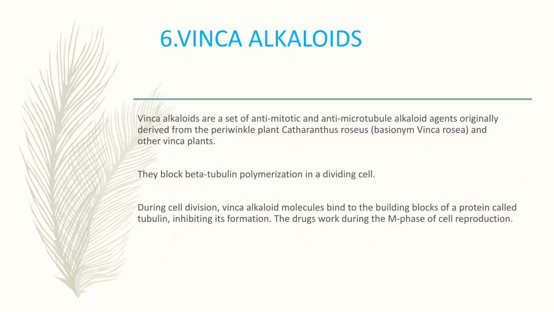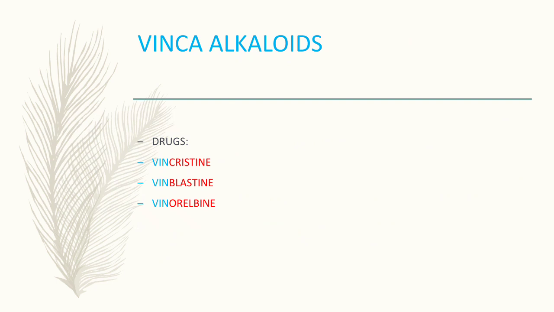During cell division, Vinca alkaloid molecules bind to the building blocks of a protein called tubulin, inhibiting its formation. The drugs work during the mitotic phase of cell reproduction. Vincristine, vinblastine, and vinorelbine are the drugs. Here, at the beginning of the drug names, as these are Vinca alkaloids, VIN repeats.